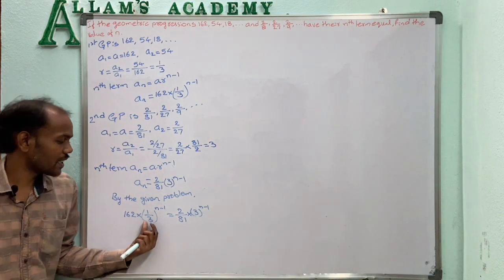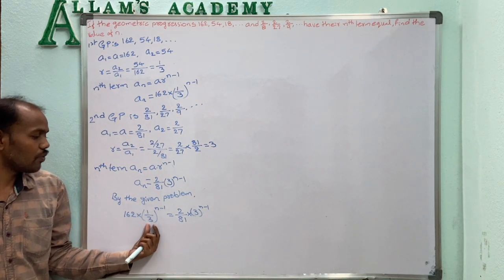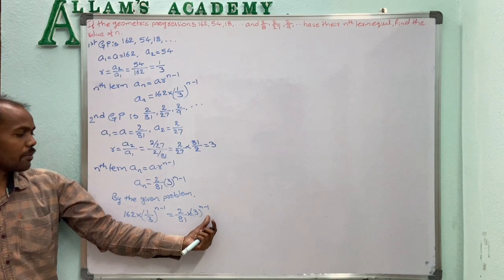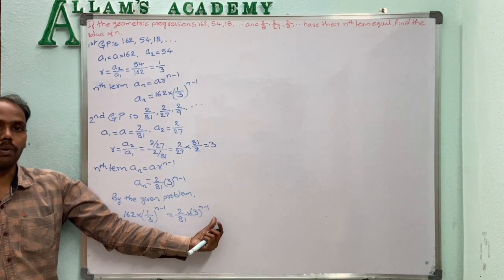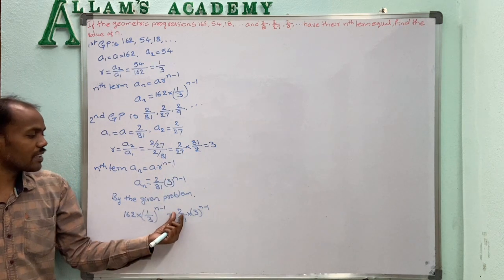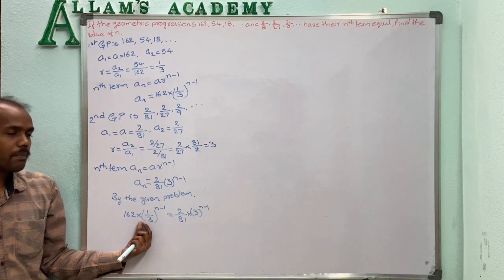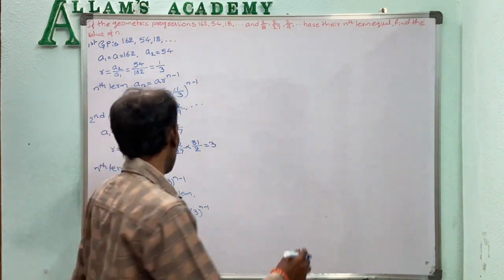Now this (1/3) whole power n minus 1 is transferred to that side, that is nothing but (3/1) whole power n minus 1, and this 2/81 is transferred to this side, that is nothing but 81/2.